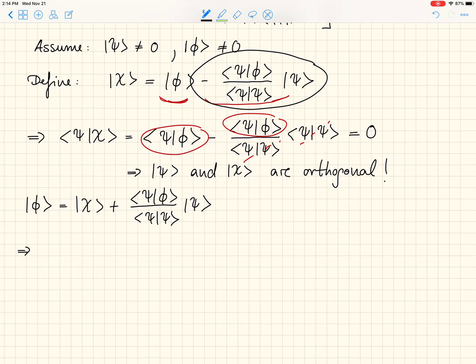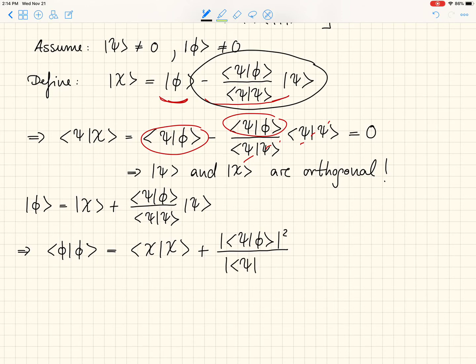If I do this, I can now calculate the inner product of phi with itself, which is equal to the inner product of chi plus this divided by the inner product of psi and psi times psi, with itself.